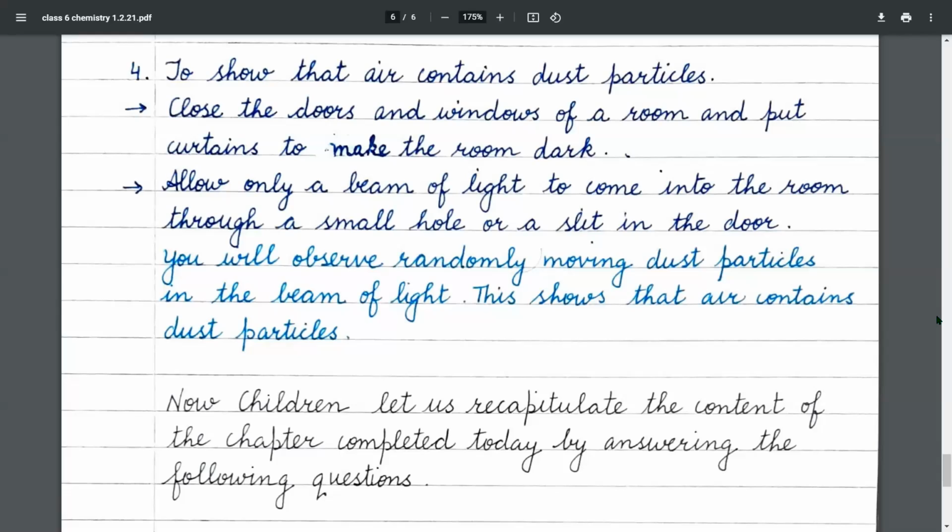Allow only a beam of light to come into the room through a small hole or a slit in the door. You will observe randomly moving dust particles in the beam of light. This shows that air contains dust particles.